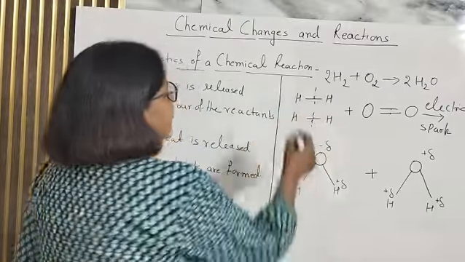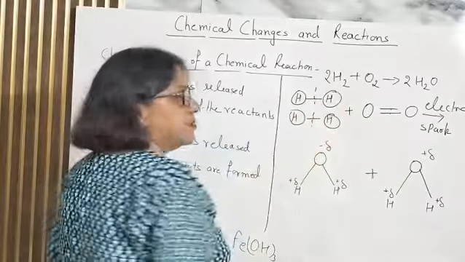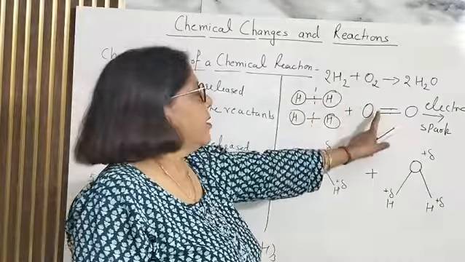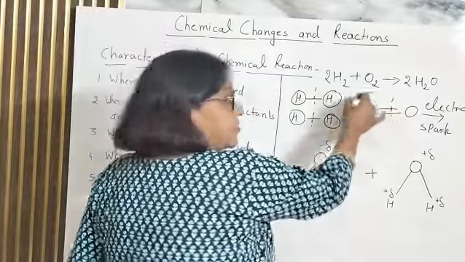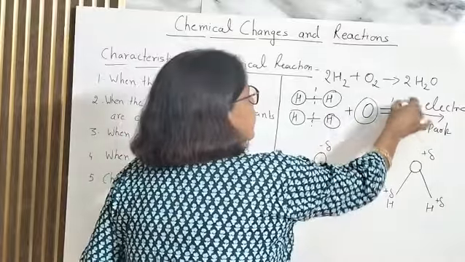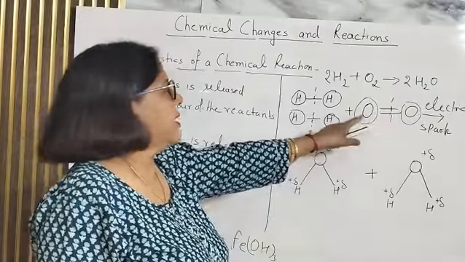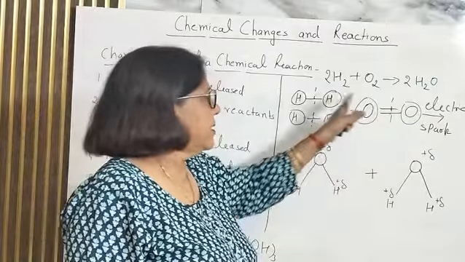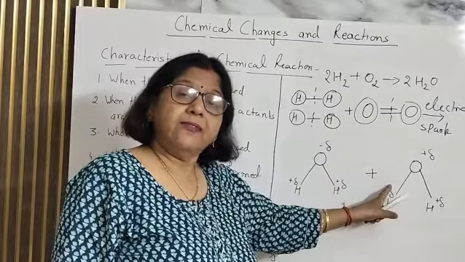Independent means the four atoms of hydrogen are set free in space. Similarly, the bond of the oxygen molecule breaks up and the two oxygen atoms are set free. And then they all react together and two new molecules of water are formed.